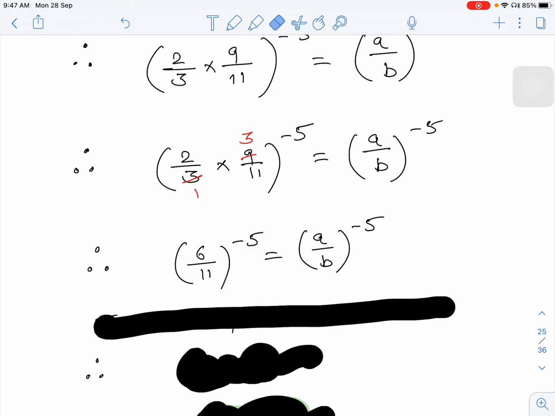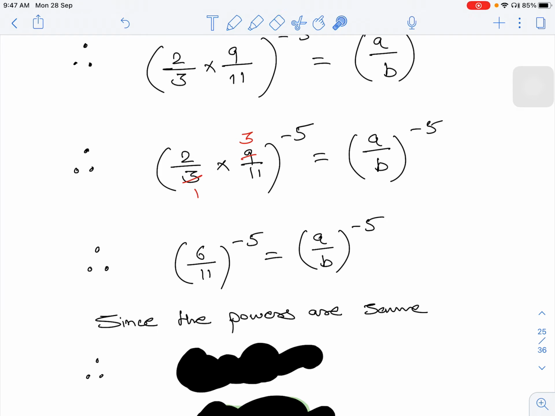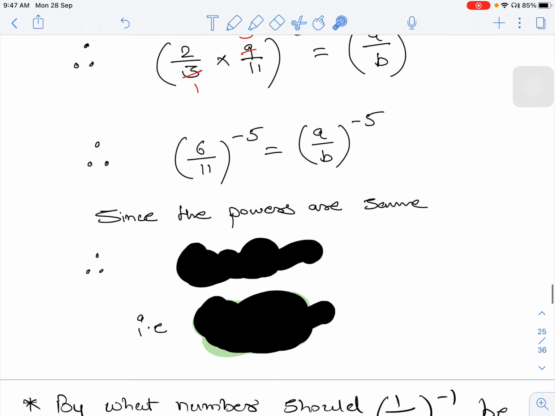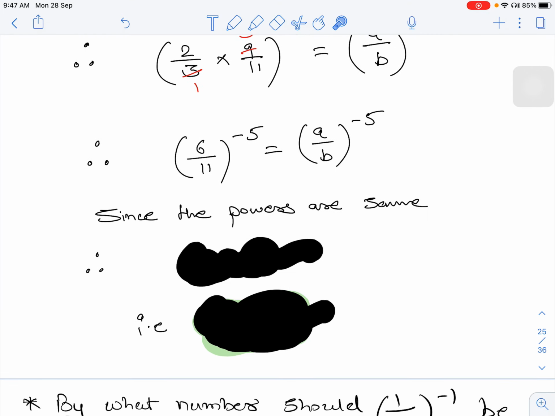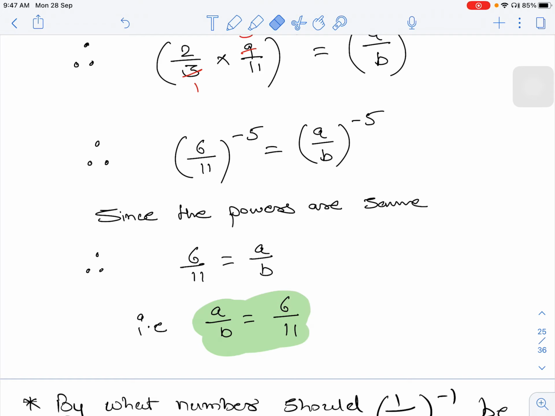So when the powers are same, we can write the bases equal to each other. Since both have minus 5, we can directly write 6 upon 11 equals a upon b, that is a upon b equals 6 upon 11. So this is our final answer.